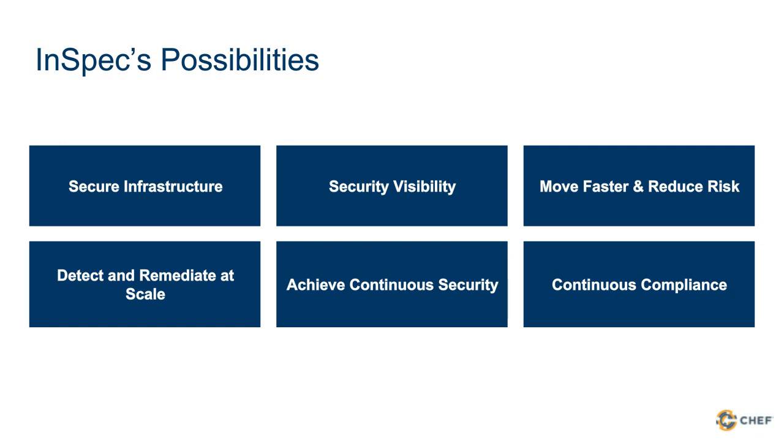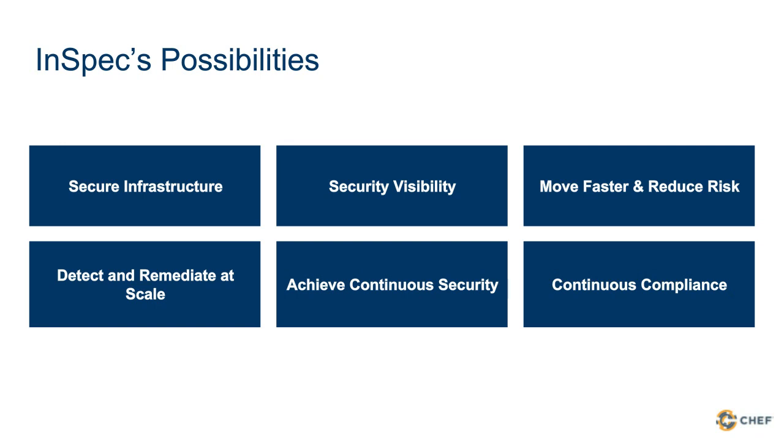Another thing you can do with InSpec is detect and remediate things at scale. Some tests are simple, but even a simple test, just like checking the state of a port or checking whether a package is installed, is usually a very quick little piece of script. But when we're talking at scale, especially some big enterprises may have 10, 20, 30, 40,000 or more nodes, checking all those nodes would be quite cumbersome unless you have an automated method to do it.